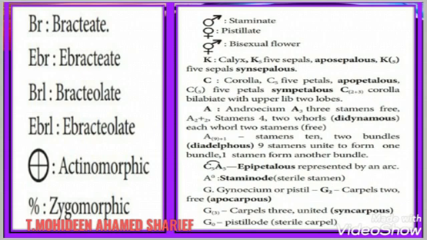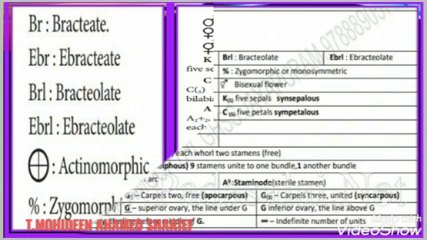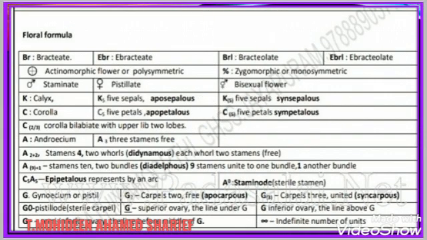Do you understand this? Next, they have given several examples of the floral formula and floral diagram of the members of the different families, where floral whorls are surrounded in concentric rings. So the first one is Hibiscus rosa-sinensis.